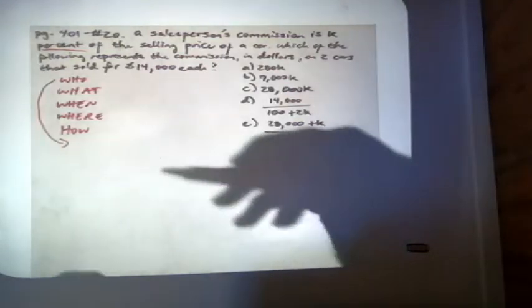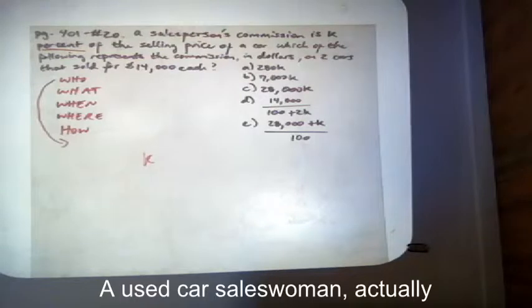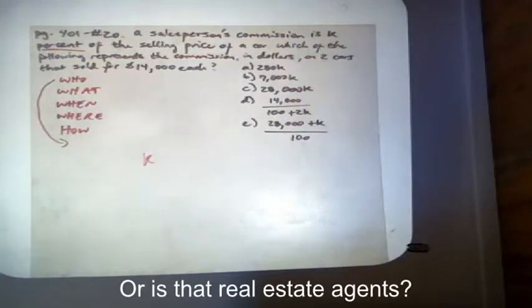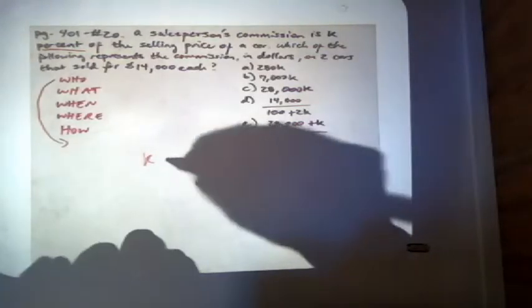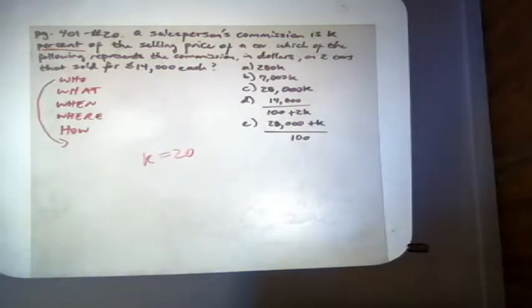If the salesperson gets 20% of the selling price of a car, that's a really high commission, by the way. I'd want to be a used car salesman if I could get 20%. More along the lines of 4% would probably be what they often get. I don't know. But if K was, say, 20%, then K is 20, because K is 20%.